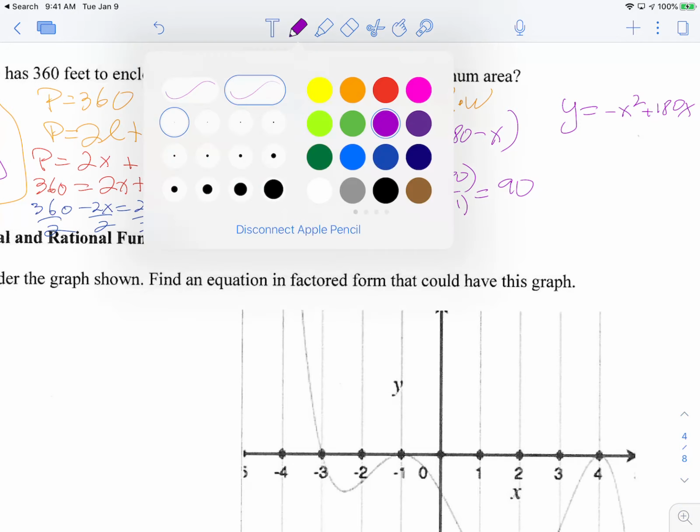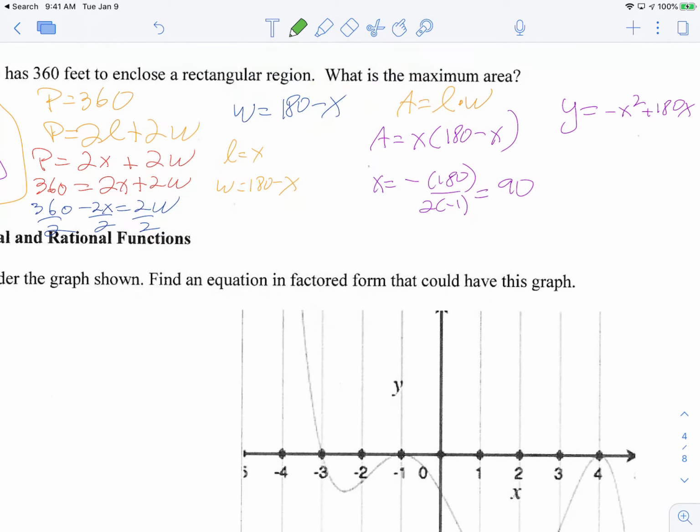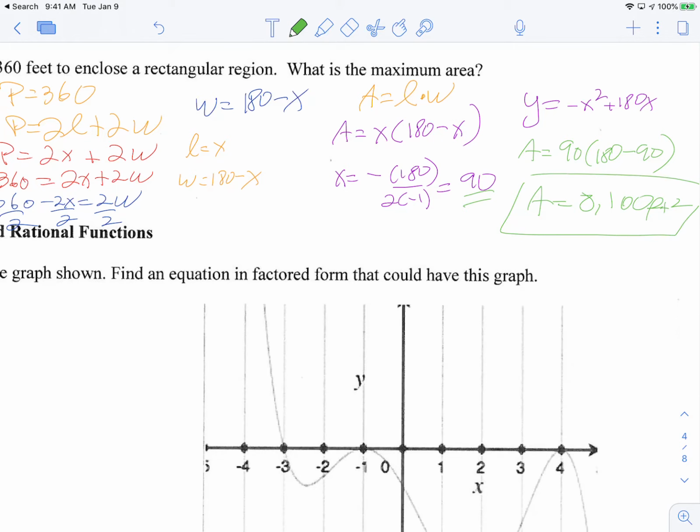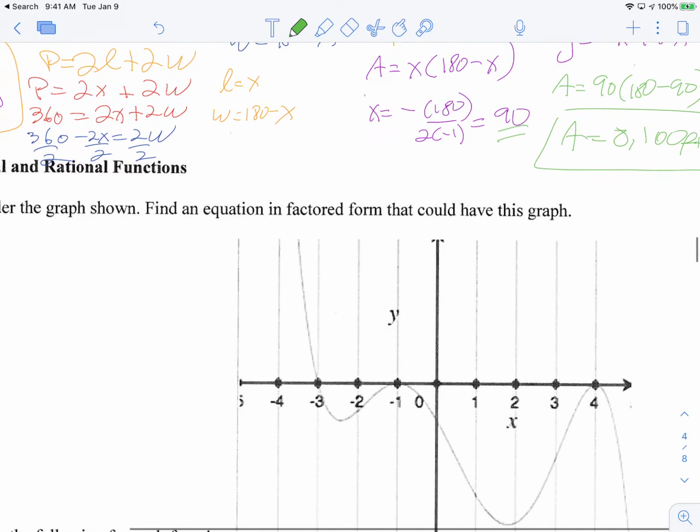And again, I prefer to use negative b over 2a over the calculator, because now all I do is substitute this 90 in, and that's going to give me the area. So area is equal to 90 times (180 minus 90), which is going to be 8,100 feet squared. That's the maximum area.